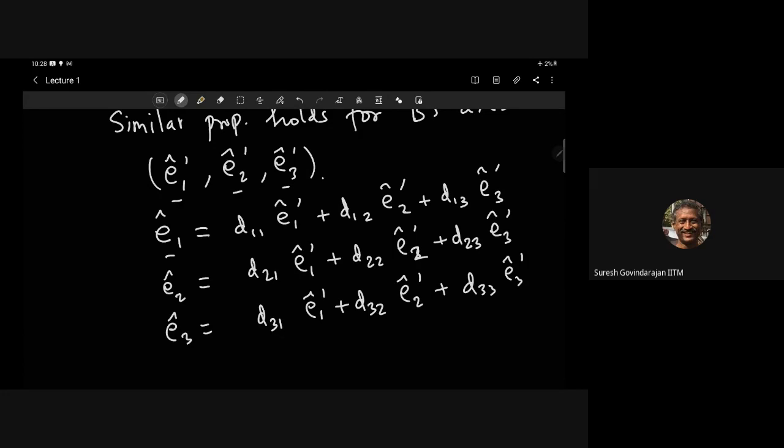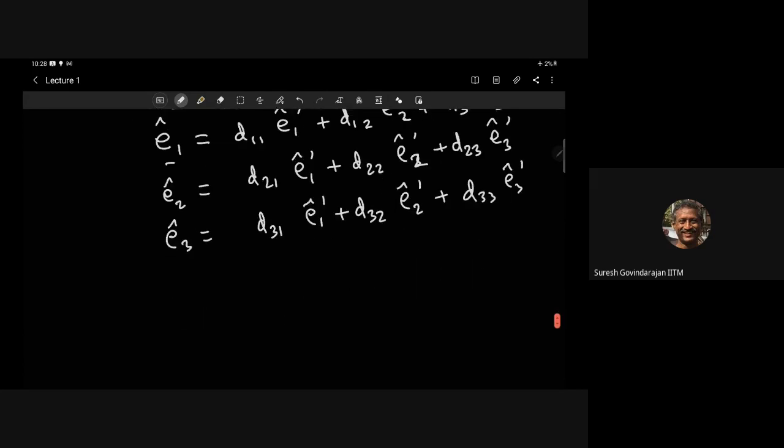So this is what we have. Again, I can rewrite this, but now I will write this not as a column vector but as a row vector, for reasons which will become clearer later, or even if it doesn't, it doesn't matter.